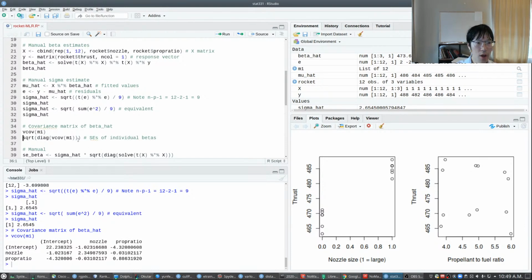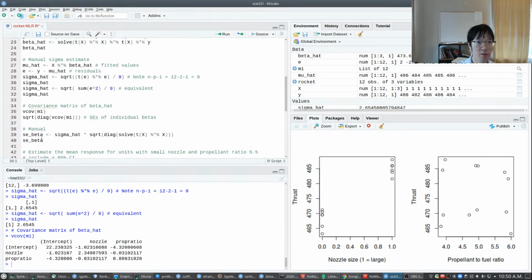As we described in the derivation, often we're most interested in the standard errors of individual parameters. So this is the entire covariance matrix, and the diagonal elements, 22.2, 2.35, 0.88, represent the estimated variance for the individual betas.